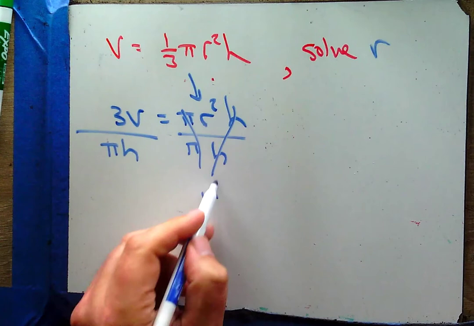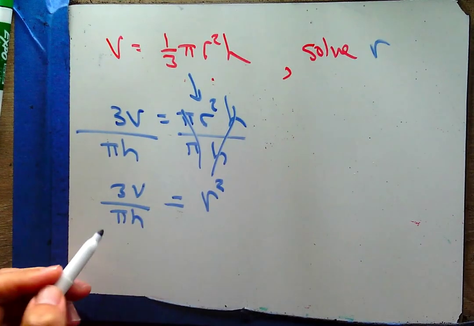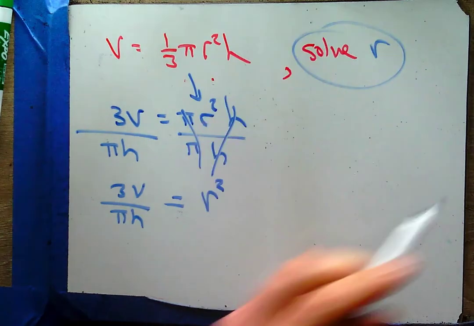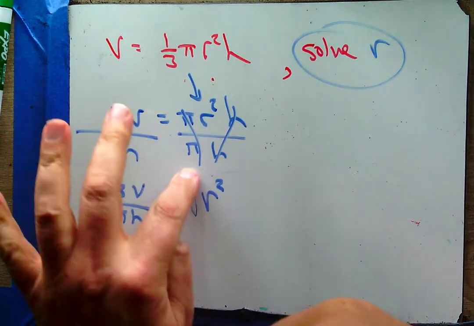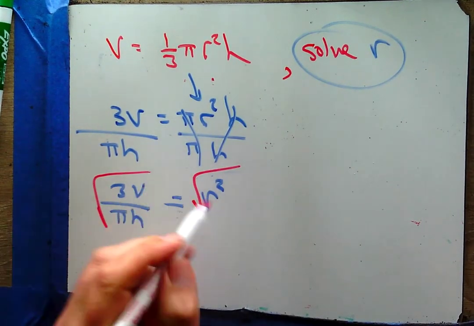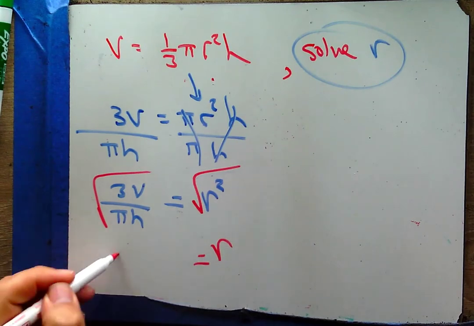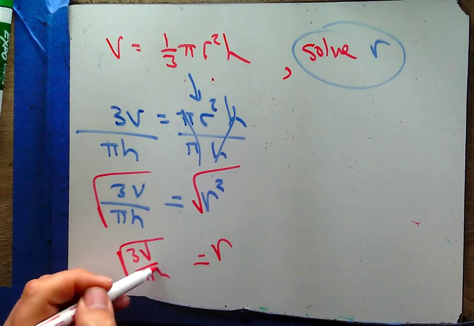But I still have r squared equals 3v over pi h. I'm not done yet because this says solve for r. So that's right, I need to take the square root of both sides. Do I have to worry about the plus and minus here? No, I don't. R equals the square root of 3v over pi h.